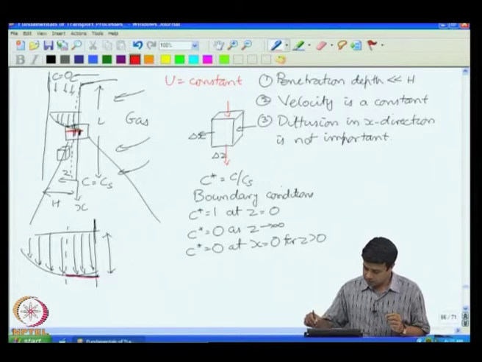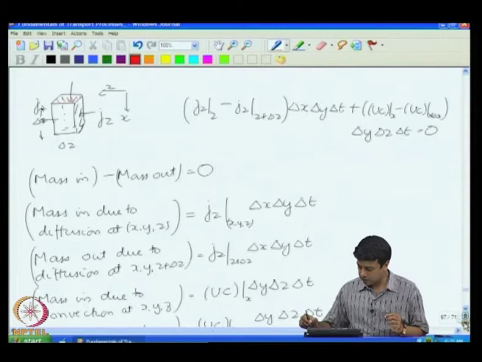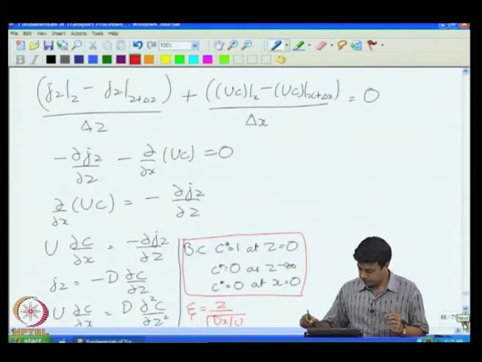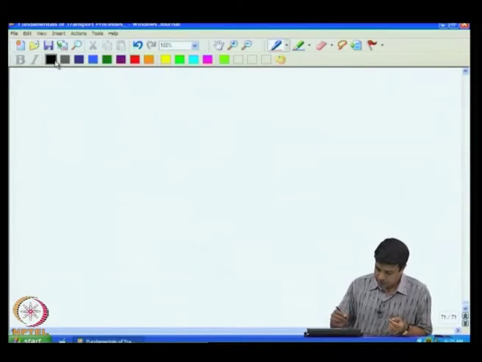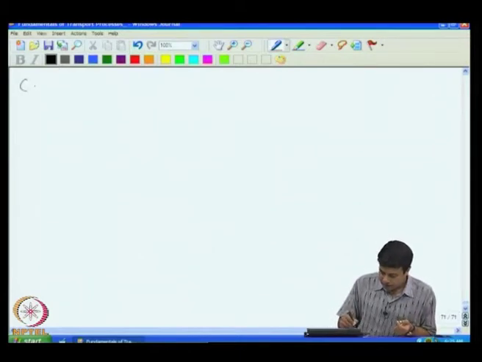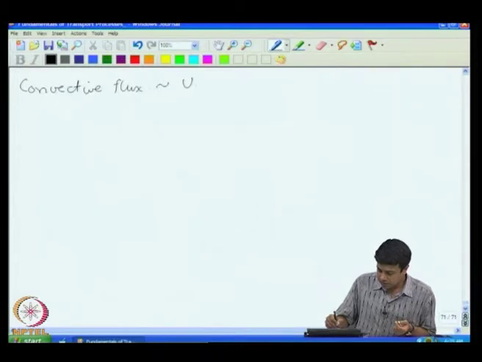Approximation number 3, diffusion is not important in the z direction. So, the convective flux in the z direction is approximately equal to u times c.